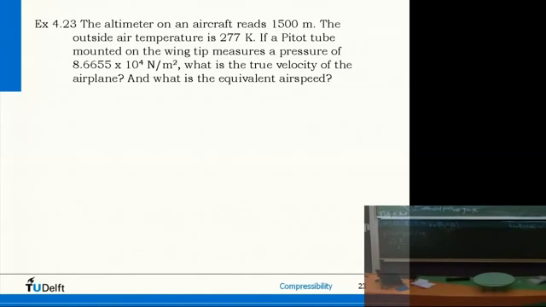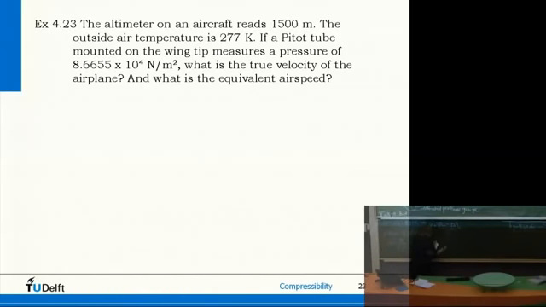So we use the temperature at free stream conditions. So we need the free stream pressure, P, so that's this one, at 1500 meters, at free stream conditions, 8.456 10 to the power 4, divided by R 288, temperature given 277.